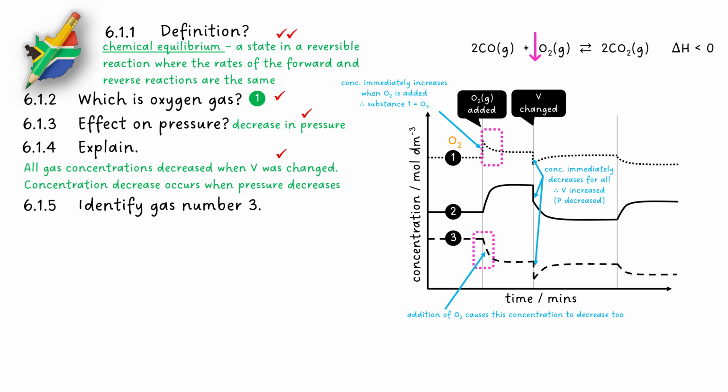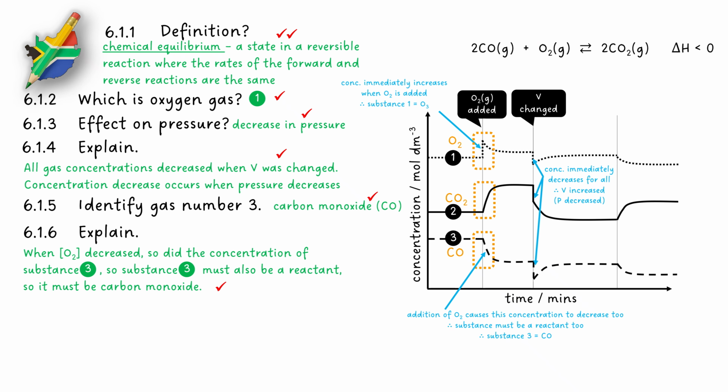Since oxygen gas is a reactant, then substance 3 must also be a reactant, namely carbon monoxide. And at the same time, the concentration of substance 2 increases, so it must be the product carbon dioxide, whose concentration goes up as the reactants combine together to form it in the forward reaction.